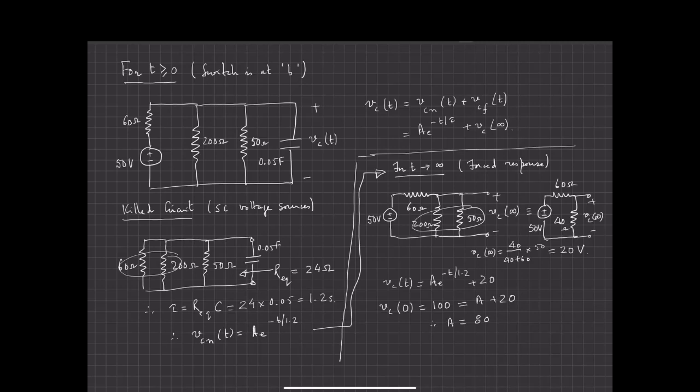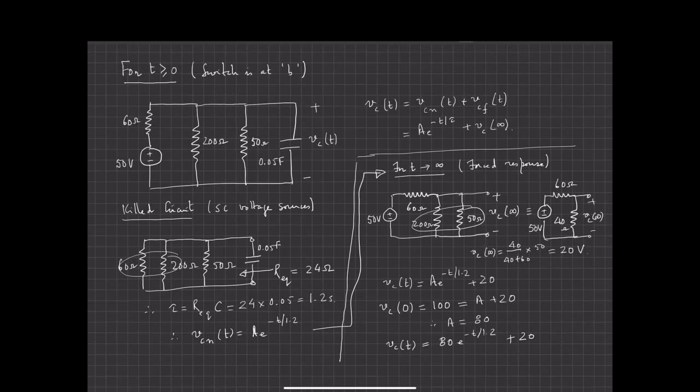And so I can write down my total solution for t greater than 0 to be Vc of t equals 80 e to the power of minus t over 1.2 plus Vc at infinity, which happens to be 20.